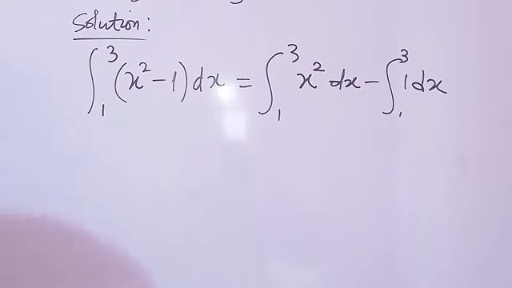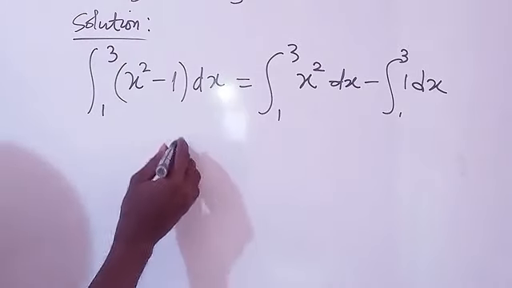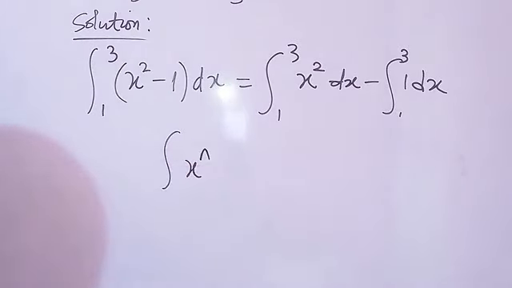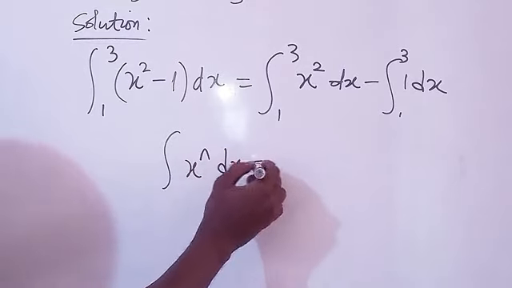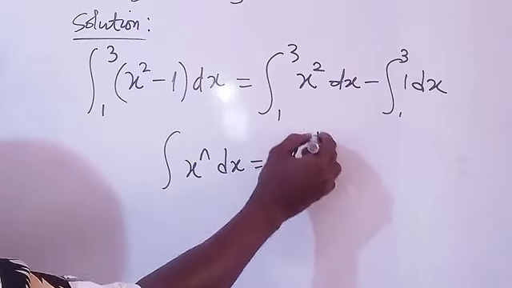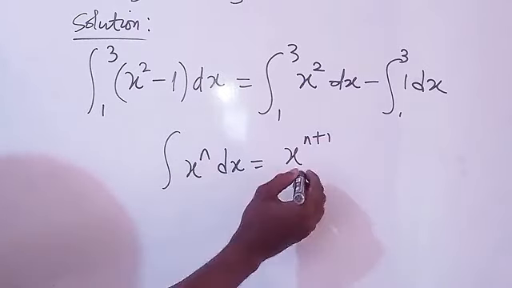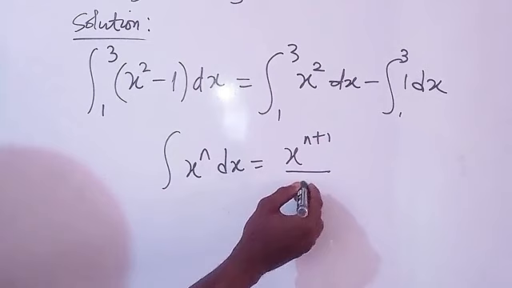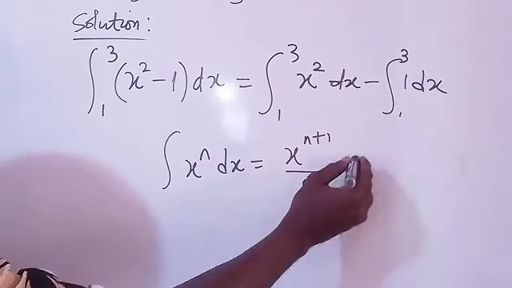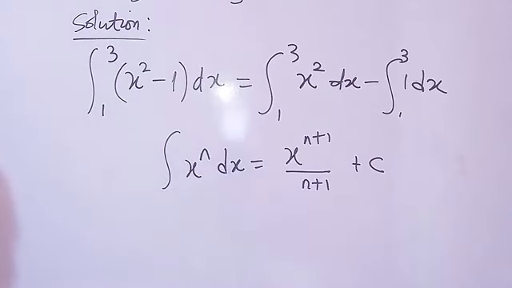You should remember that whenever you have x to the power of n and you want to integrate it, this is going to be x to the power of n plus 1. You add 1 to the power, then divide by the new power, that is n plus 1, plus c. This is the general formula for integration.